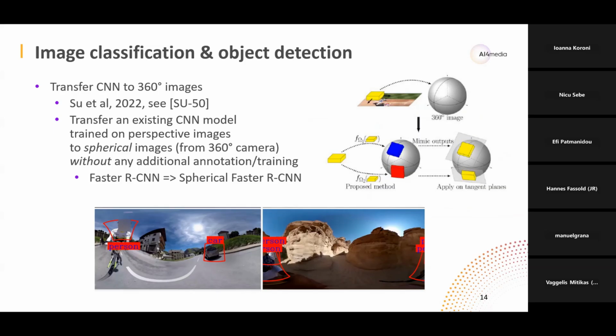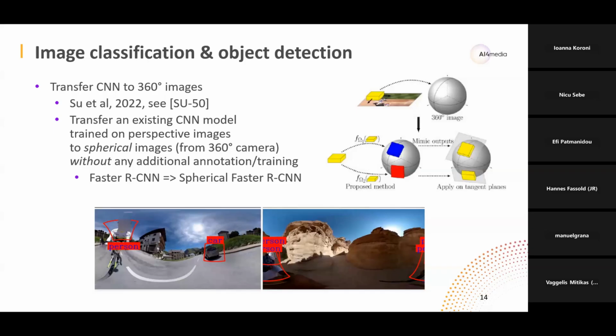And from that, from Faster R-CNN, they are getting a Faster R-CNN variant for the spherical images. Here you can see how such an equirectangular image captured from a 360 image typically looks.